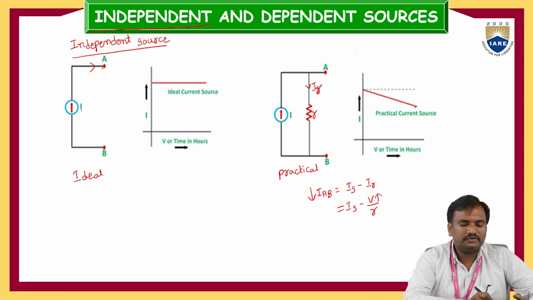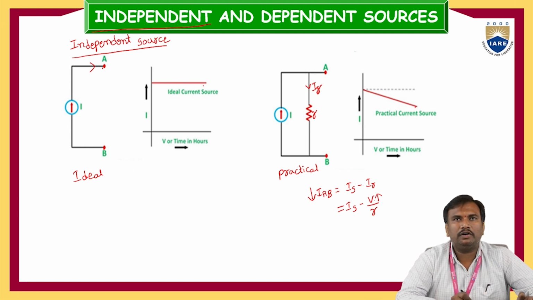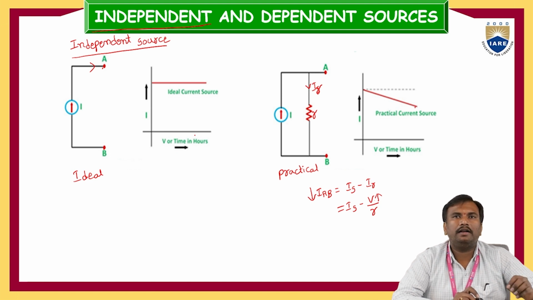The ideal current source is the same as the voltage case. There is no deviation in the current, so the current will be constant whatever the change in voltage or time.